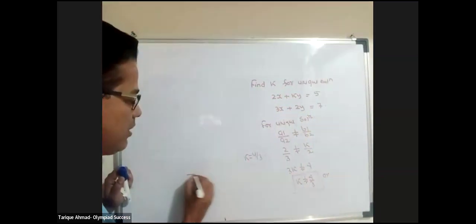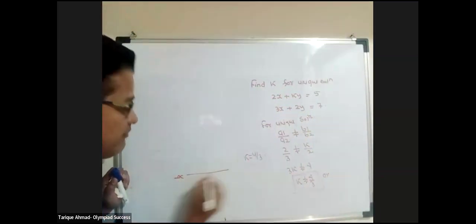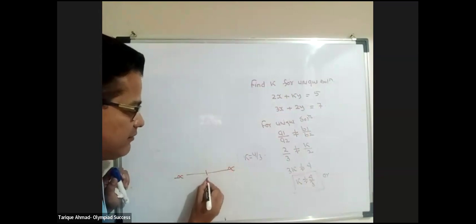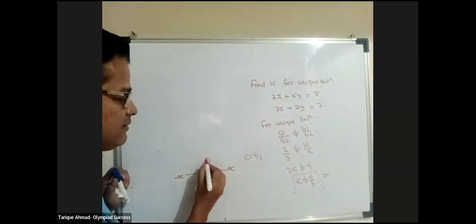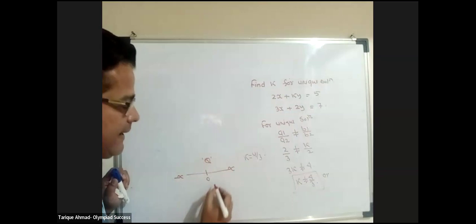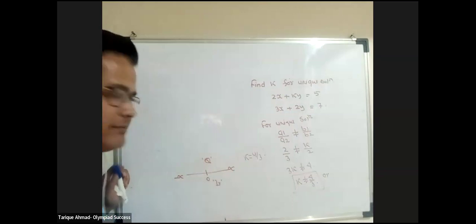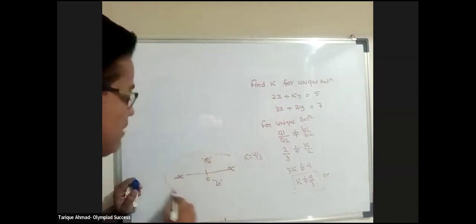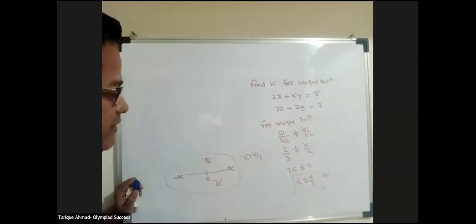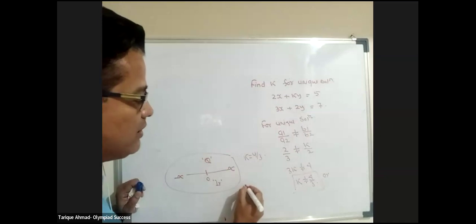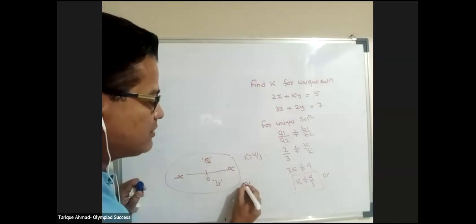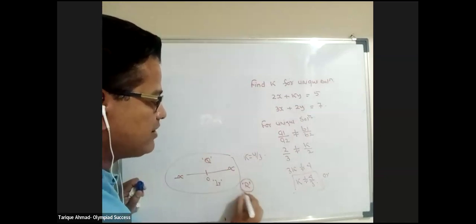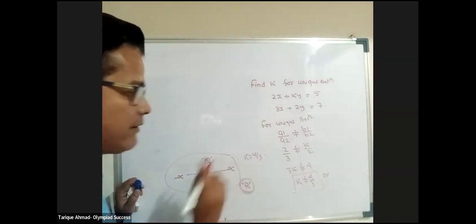Any number between minus infinity and plus infinity, rational denoted by Q and irrational denoted by IR, is called a real number and denoted by R. For real numbers, we use the notation R.